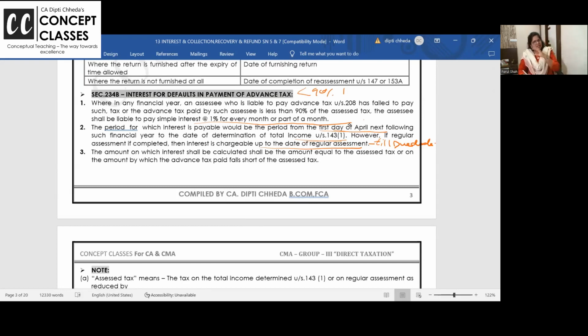234B. The installments are over, dear students. Only one single interest will be charged. The amount on which interest shall be calculated is the assessed tax, or the amount by which advance tax falls short.